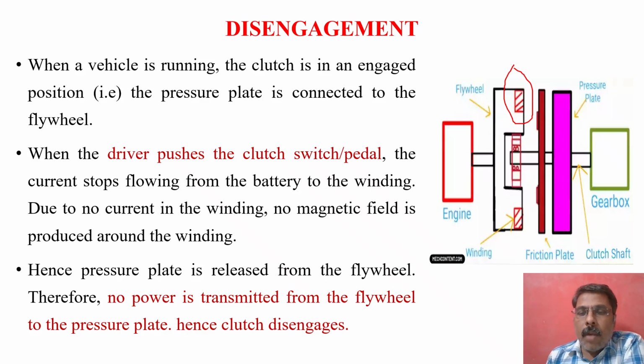Due to this, the pressure plate moves away from the flywheel, to the right-hand side, the opposite direction to the flywheel. This causes disengaging of the clutch plate from the flywheel, which results in no power being transferred from the power source or engine shaft to the driven shaft.